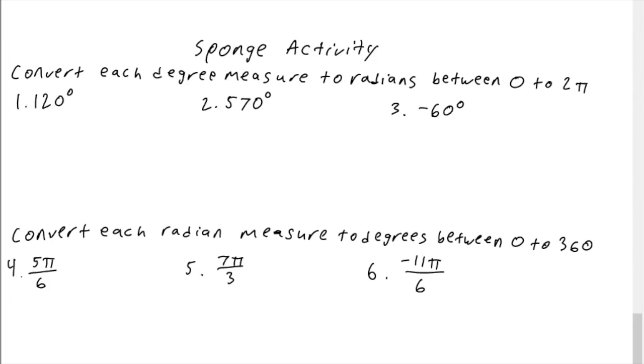And then the last three, convert each radian measure to degrees between 0 and 360. So 5 pi over 6, 7 pi over 3, and negative 11 pi over 6. Convert those to degrees, and then, like we just did, change them so they find the coterminal angle between 0 and 360. That's it for the lesson.